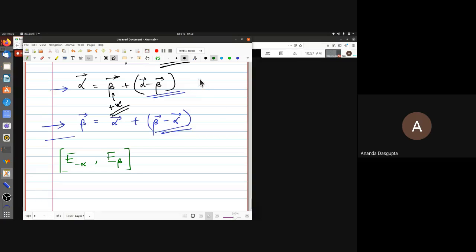Just to remind you, for any two roots, the commutator of E alpha and E beta should be E alpha plus beta, apart from a factor, or 0. So this is either a generator corresponding to root beta minus alpha, which you see does not exist, so it has to be 0. Clear? So E minus alpha has to commute with E beta, and E minus beta has to commute with E alpha.